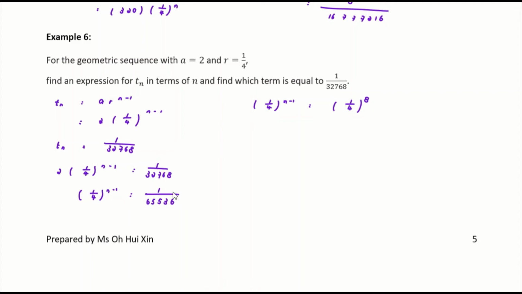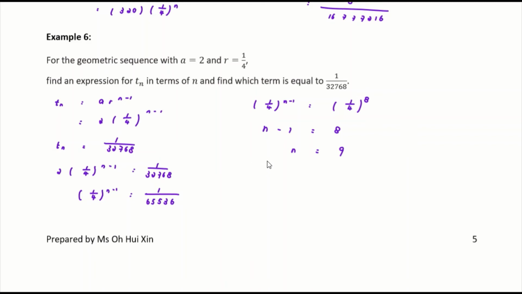So which means you type in 1 over 4 to the power 8, and you should get this. So when you change this to the base of 1 over 4, this is what you get. As long as you have the same base, n minus 1 equals 8. So that's why n equals 9. Okay, so this is the idea of calculating by using your knowledge of indices, and also how you press your calculator and so on.